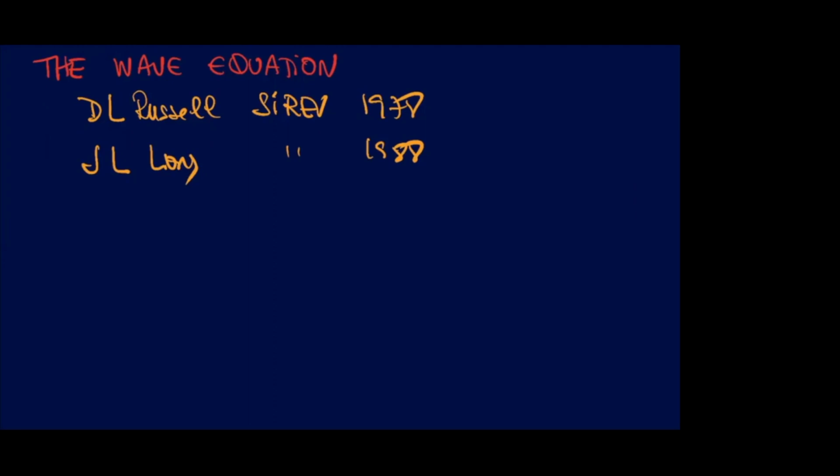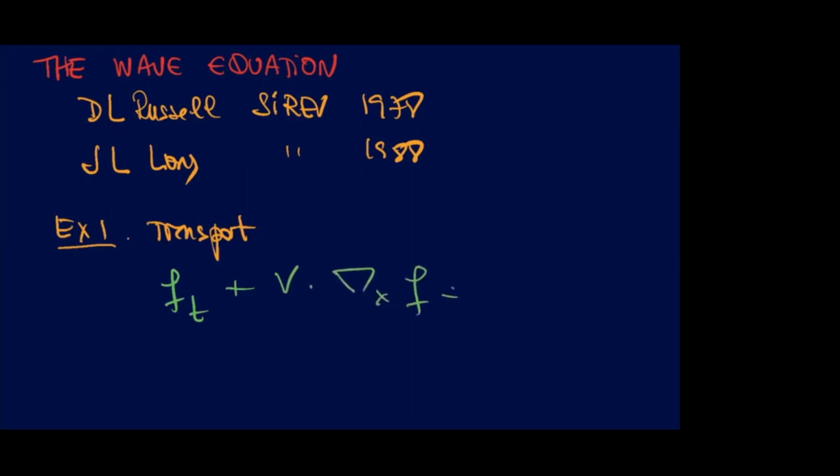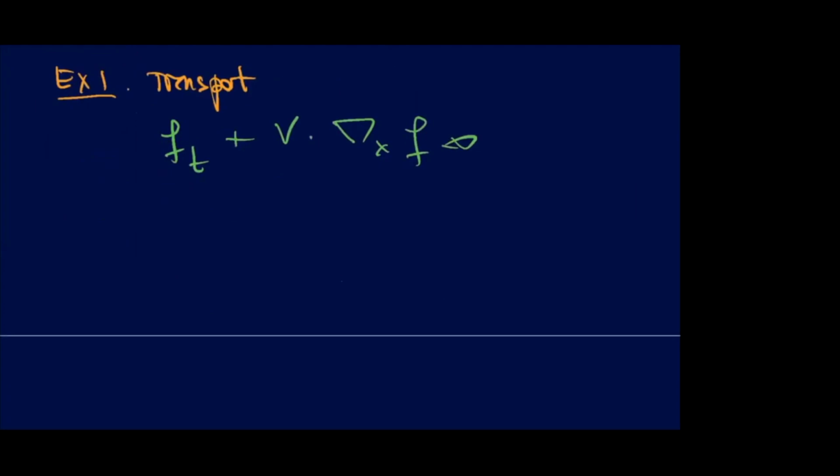And this is in the context of transport, right? So example number one will be the transport equation, right? And in that setting, we have considered this system, right? And what we have discussed previously today, and is very related to the discussions we have on the control of neural differential equations, is the control on the velocity field, right?